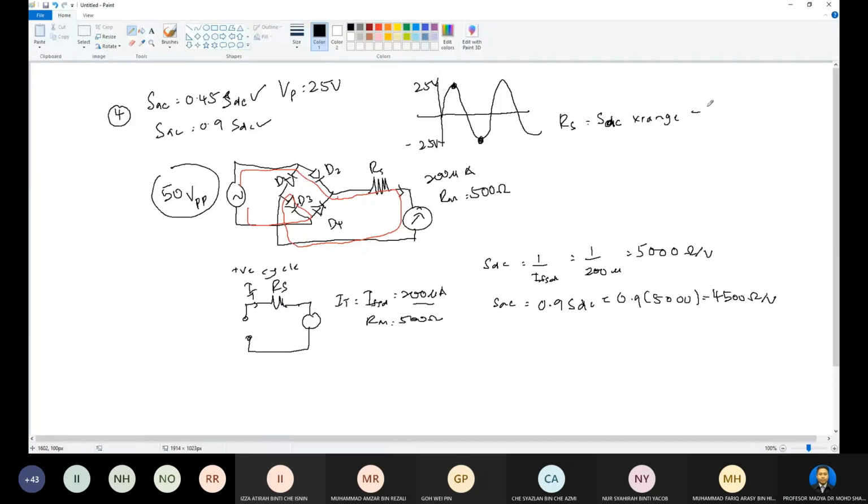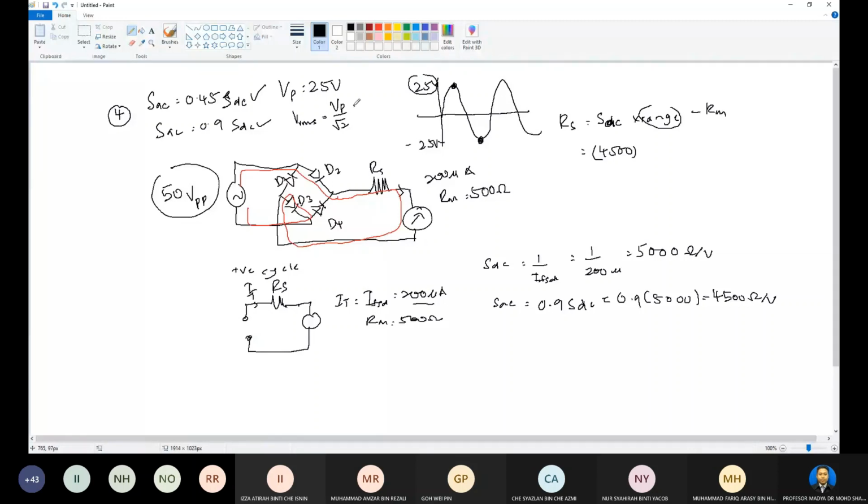As you know, the sensitivity for AC is 4,500. For the range, make sure this is a voltage peak, but this value has to be in RMS. So from this one, we have to get the voltage RMS, which means the peak divided by square root of 2. So this is for VRMS.